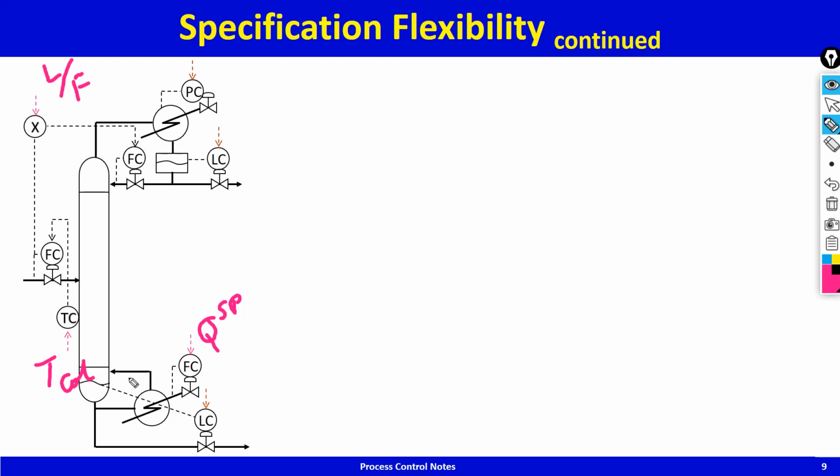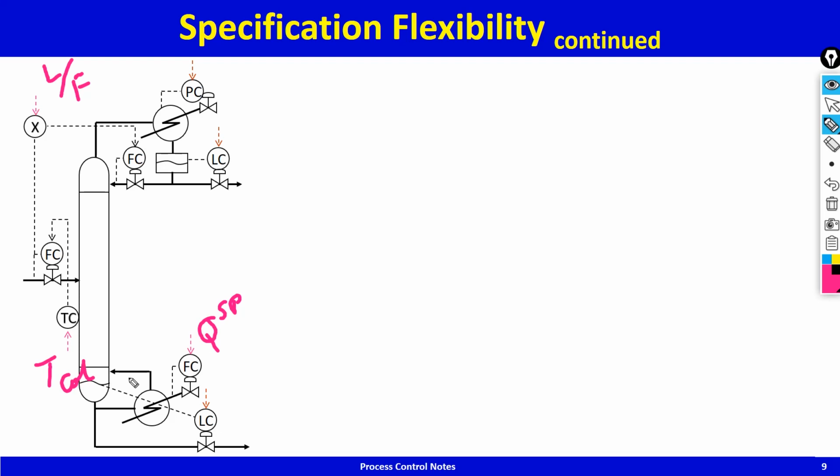How does this work? If I increase the reboiler steam, the boil up will increase. As I increase the boil up, the tray temperature will go up. If the tray temperature goes up, the temperature controller brings in more cold fresh feed, and as more cold fresh feed comes in, the tray temperature goes back to set point. That's how this control system works.